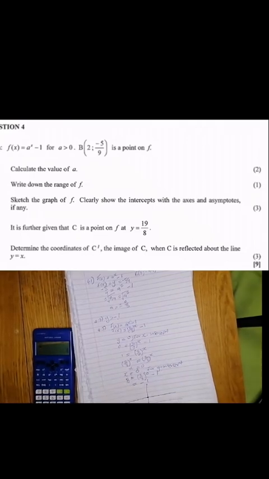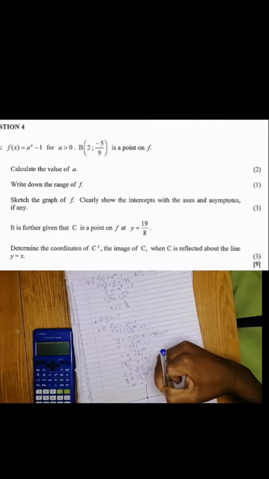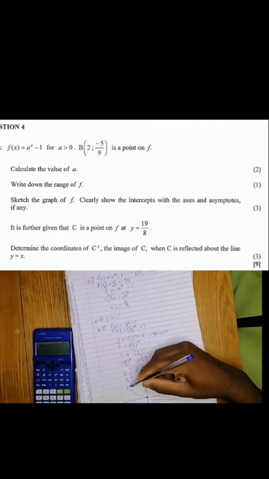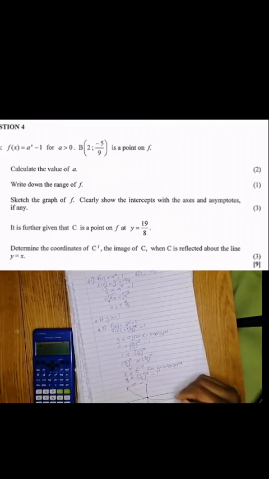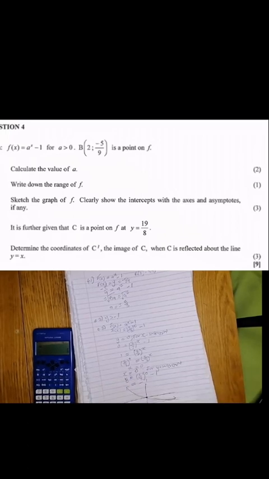And then the graph will pass like this, our graph will be like this, guys.